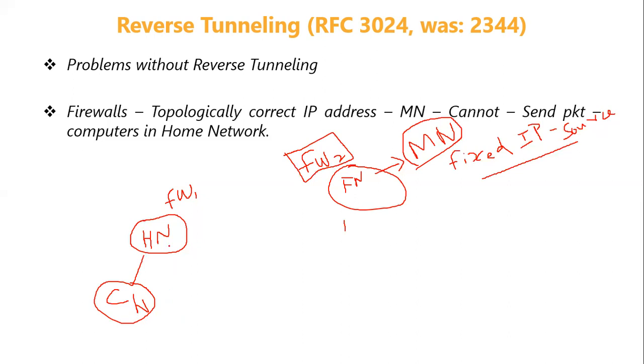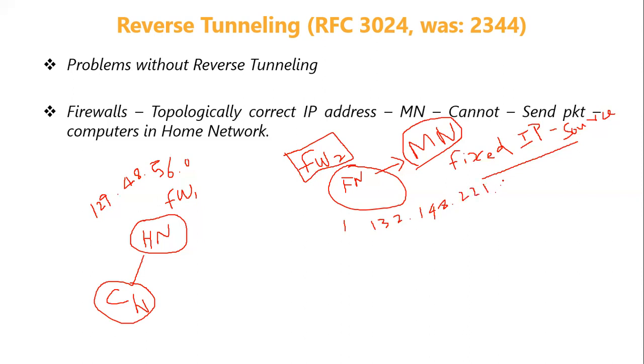For example, this home network subnet may be 129.48.56.0, whereas this foreign network subnet may be something else, maybe 132.146.221.